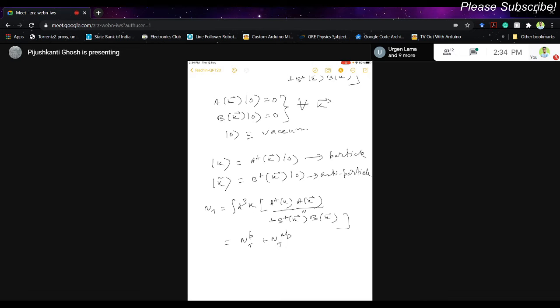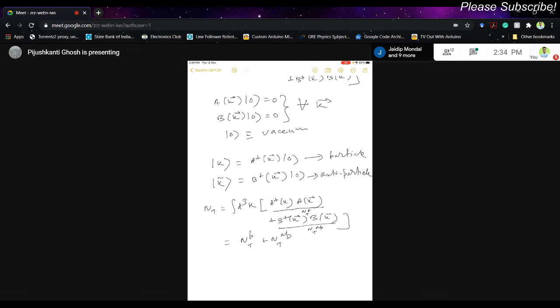You call it N_T, N_P for particle, N_AP for antiparticle. That means in the system, how many particles are there? If N_T is a measure of either particle or antiparticle, the total number of things, then it is the sum A dagger_k A_k plus B dagger_k B_k.